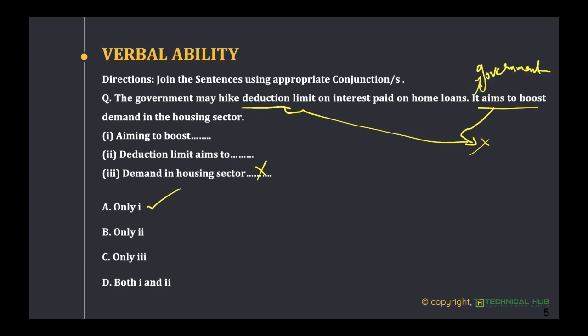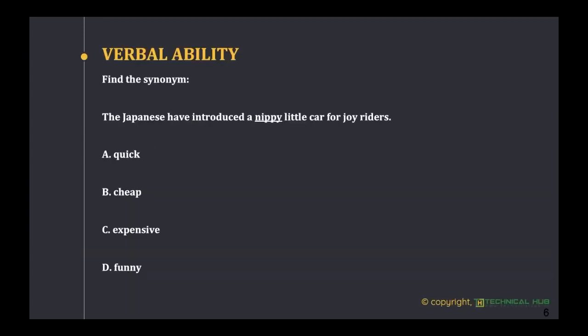Next one. Find the synonym. It's very, very simple, but very tough. You just have to concentrate on it. Verbal ability, like find the synonym. The Japanese have introduced a nippy little car for joyriders. Now they have created a nippy little car. What is the meaning of this word?